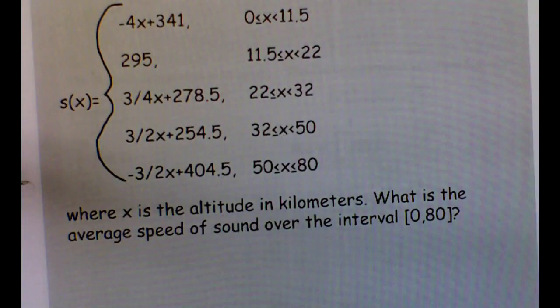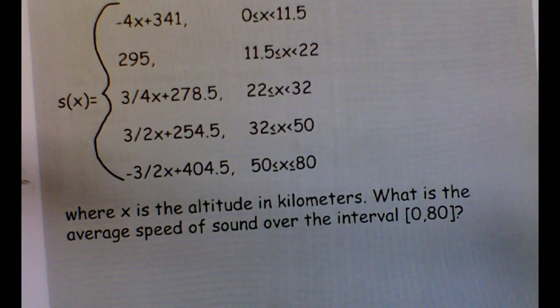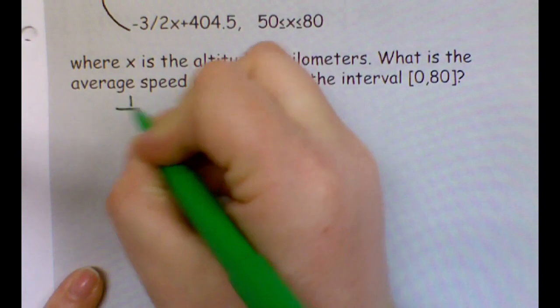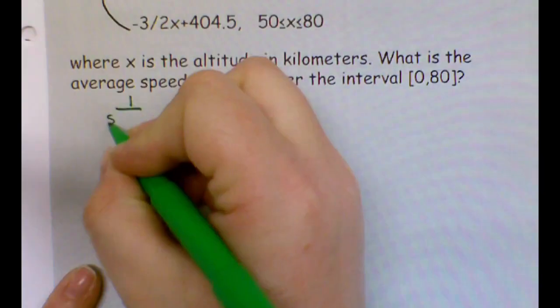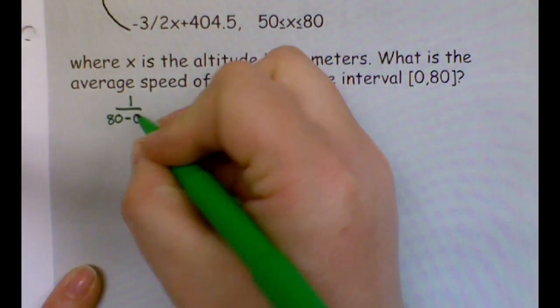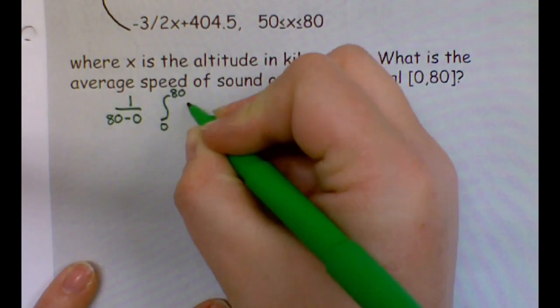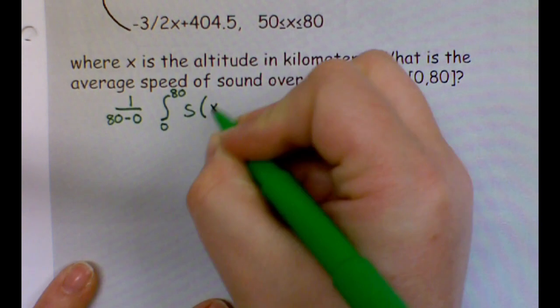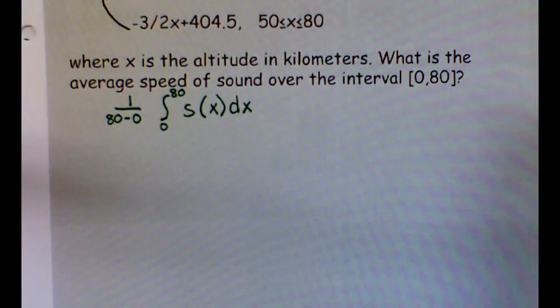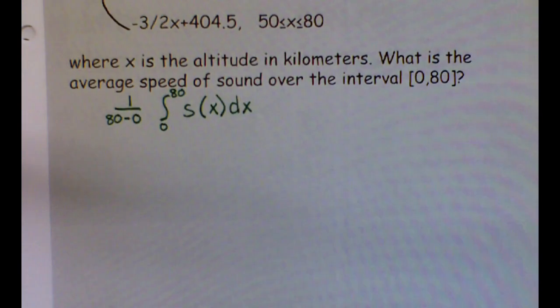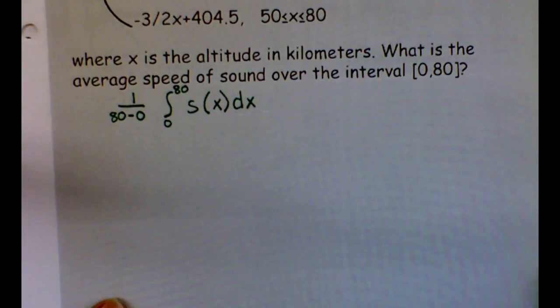All right, hold on, because this problem's going to get crazy. So we start off with 1 over b minus a. Well, in this case, b is 80, and a is 0, times the integral from 0 to 80 of s of x dx. Well, the problem here is that s of x is piecewise, which just means that our integral is going to be in pieces.